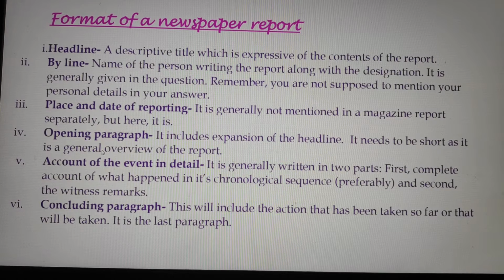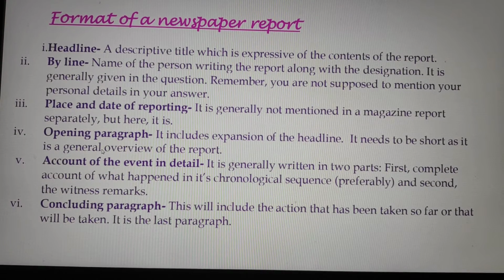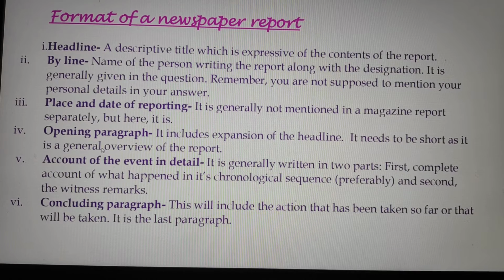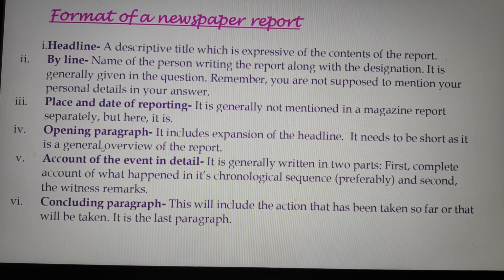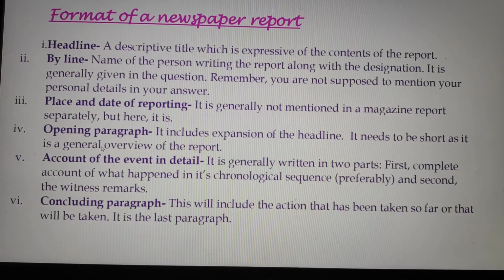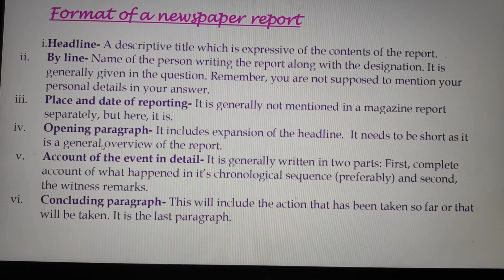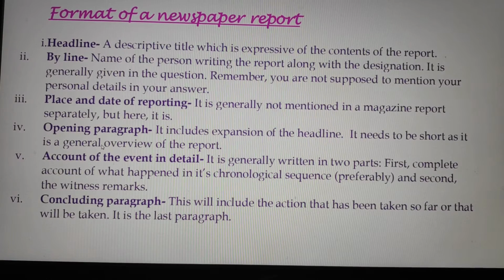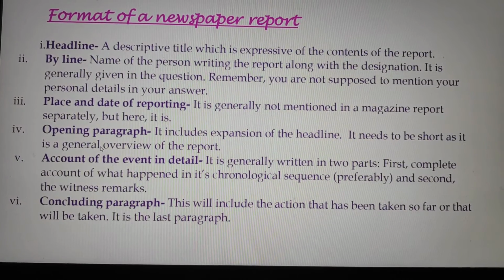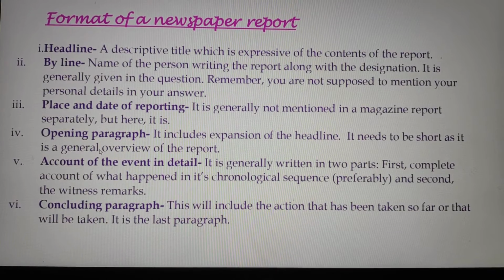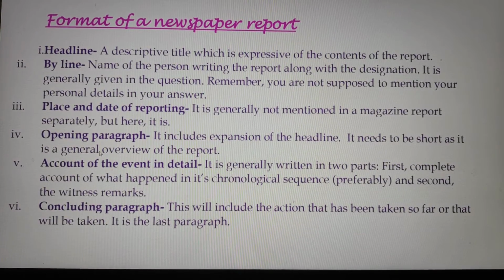First, complete account of what happened in its chronological sequence, preferably, and second, the witness remarks. Number 6, concluding paragraph. This will include the action that has been taken so far or that will be taken. It is the last paragraph.